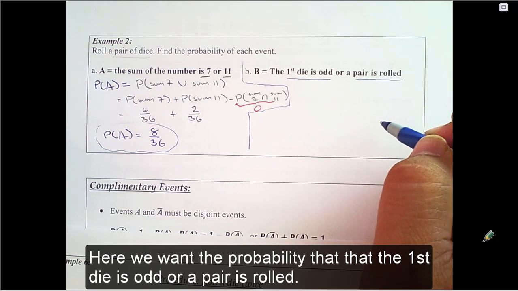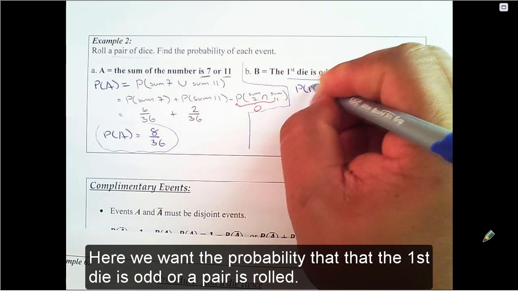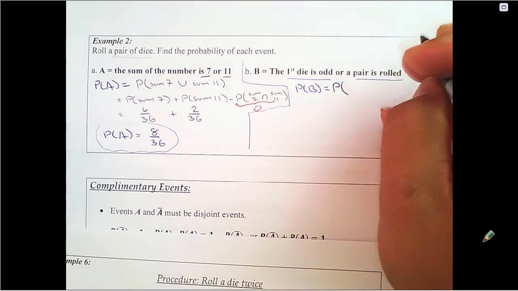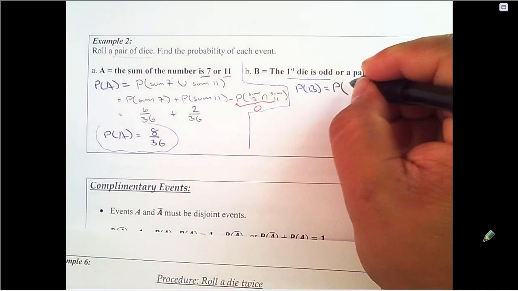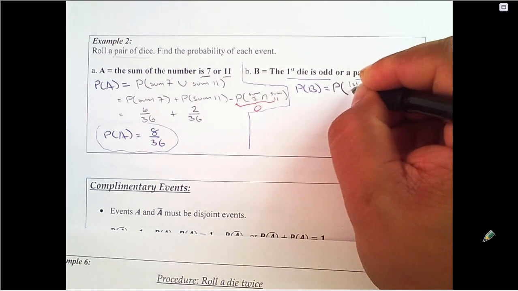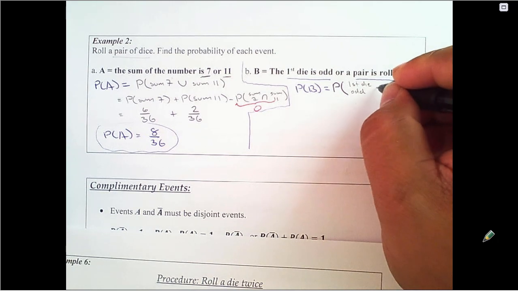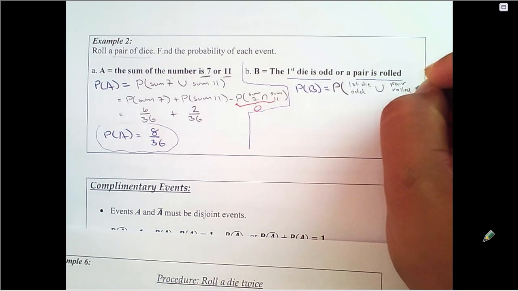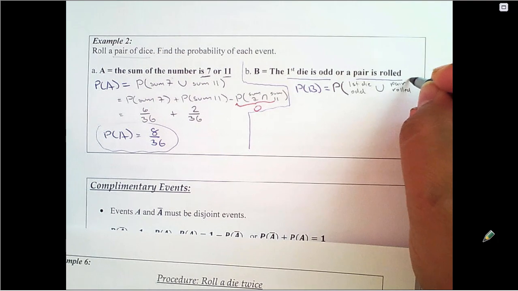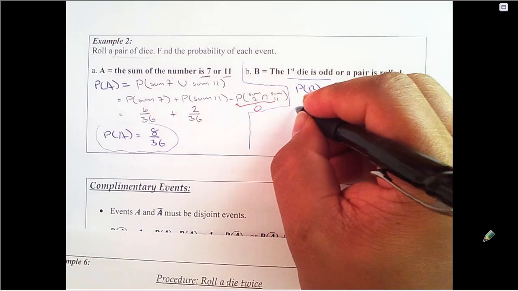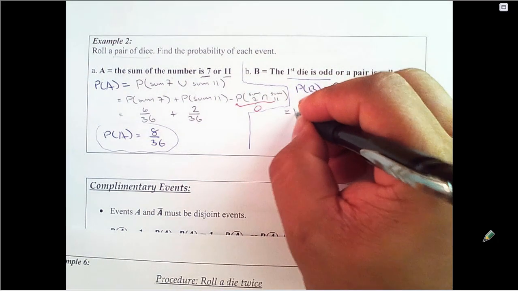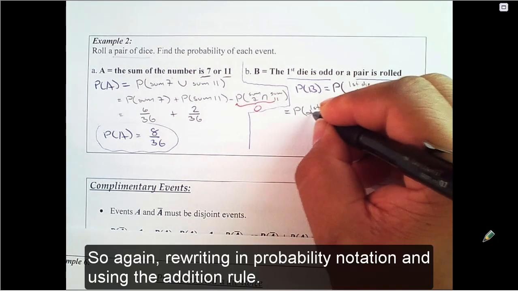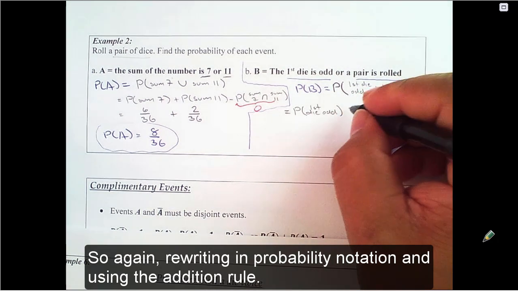Here we want the probability that the first die is odd or a pair is rolled. So again, rewriting in probability notation and using the addition rule.